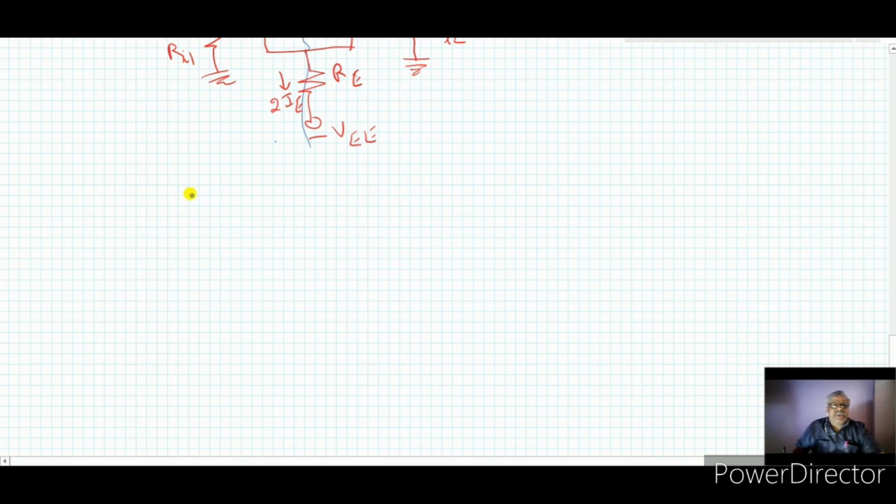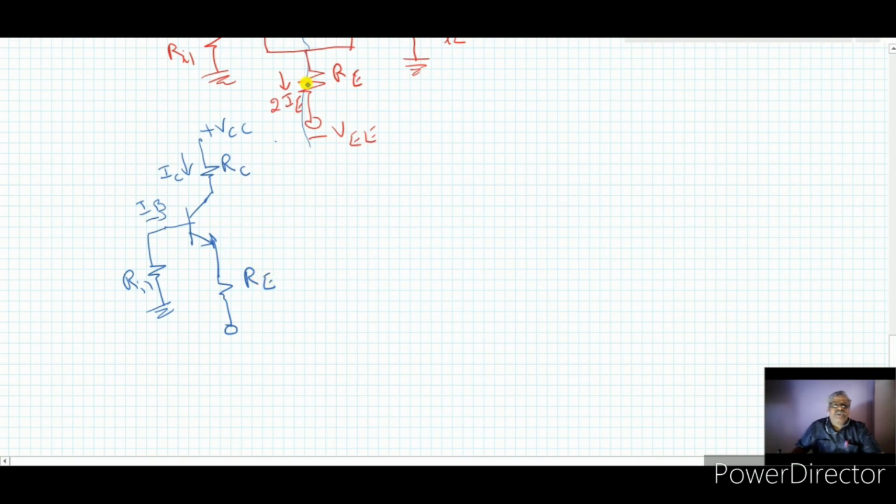So I am redrawing the single transistor circuit to find out the DC conditions of the differential amplifier. This is Ri1, this is our Rc, this is our plus VCC DC power supply, and the current flowing through this is collector current IC, the current flowing through this is base current IB, and this is emitter resistance Re.